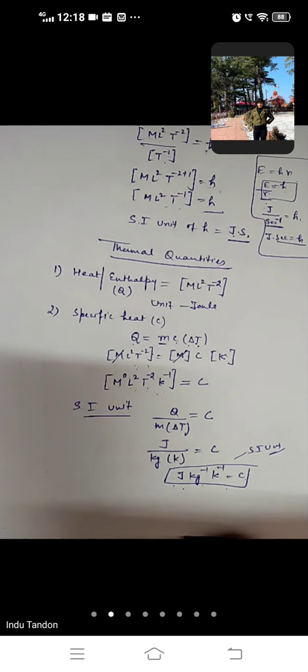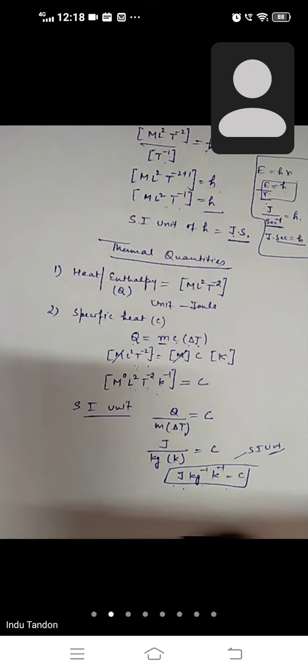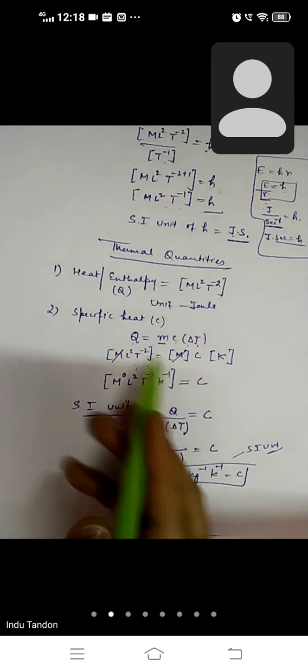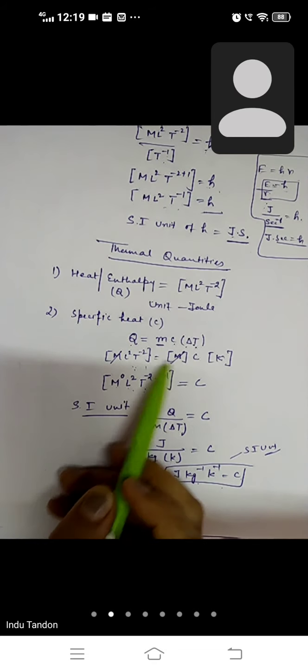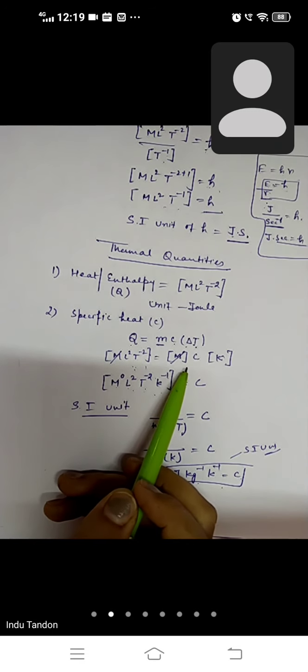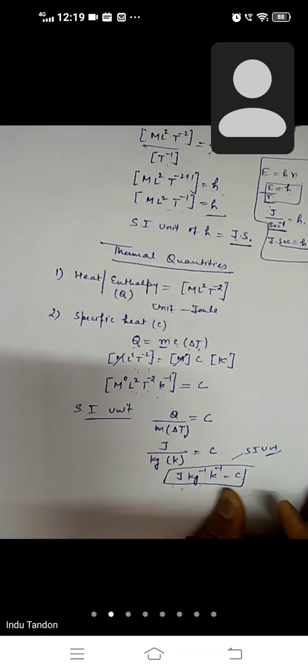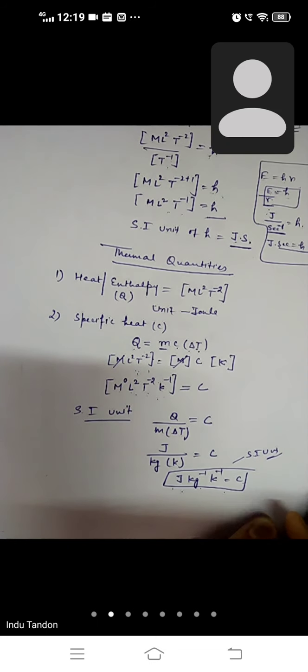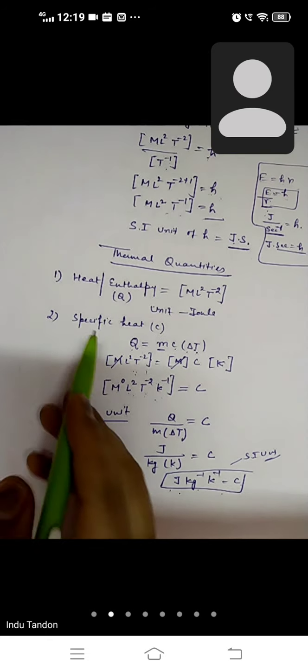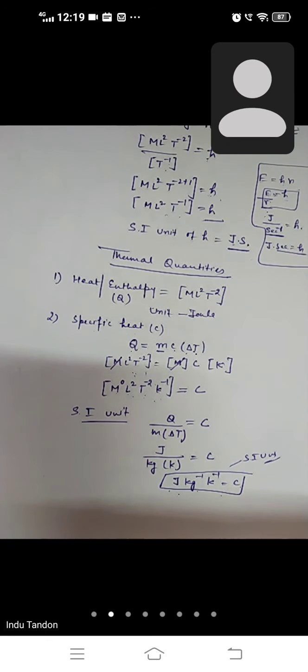Yes, is it clear beta? Yes, ma'am. Ma'am, specific gravity, Q equal to mc delta T, ML²T⁻². No, it is specific heat, not specific gravity.